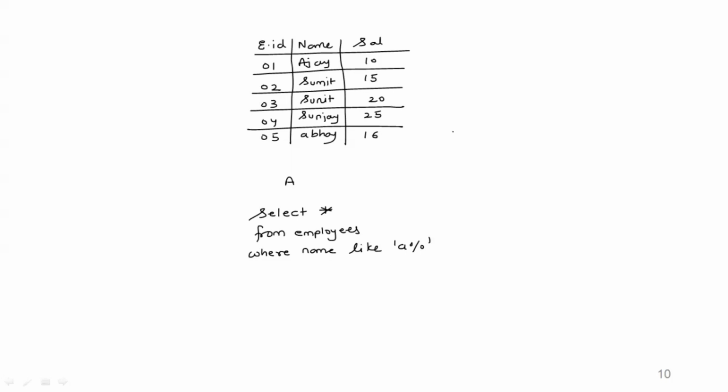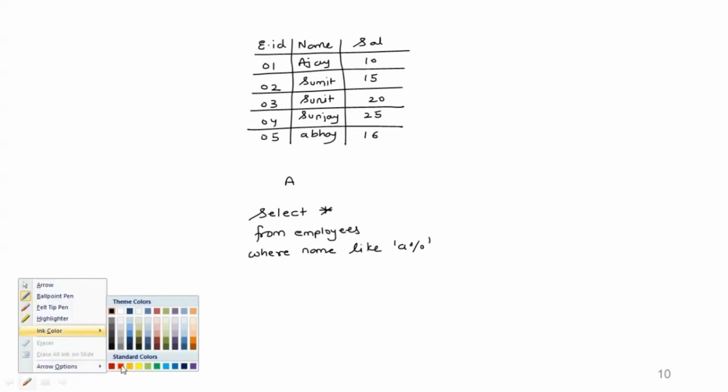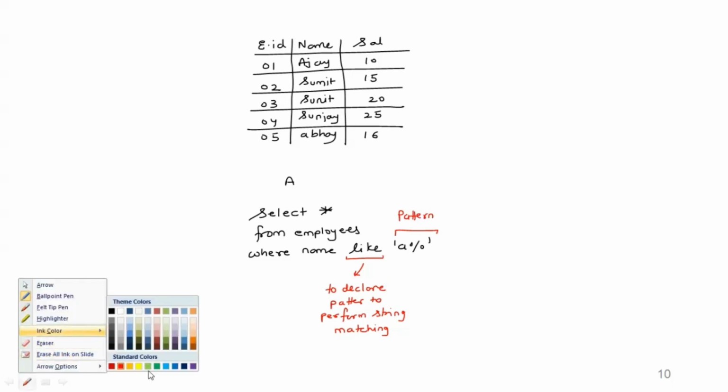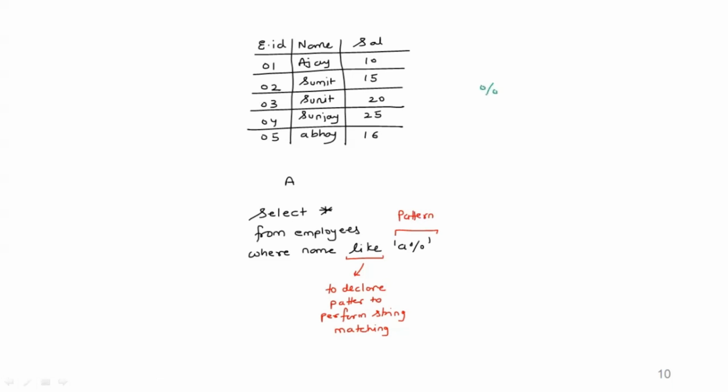Now what is the meaning of this? First of all, we use the keyword LIKE to declare a pattern to perform string matching. Then we have A%, and this is my pattern. Now how do we declare the pattern? % means any number of characters, and underscore means one character.